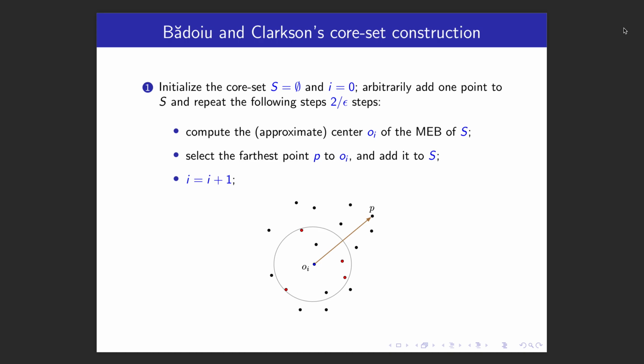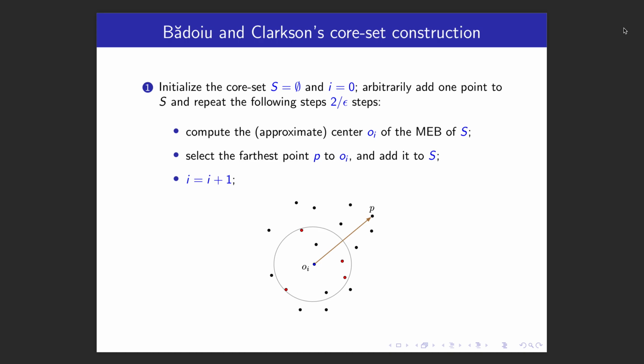In the algorithm, actually it's a very standard greedy algorithm. We always maintain a coreset, which is empty at the beginning. In each step, we compute the approximate center o_i of the coreset, and then we select the furthest point, say p, to the center o_i, and we add it to the coreset.